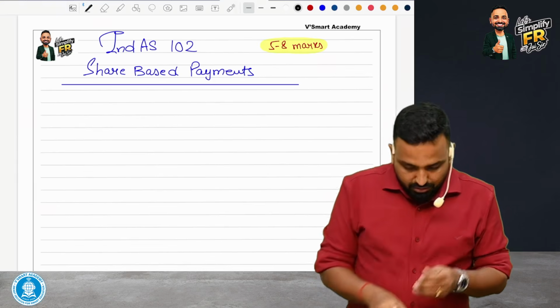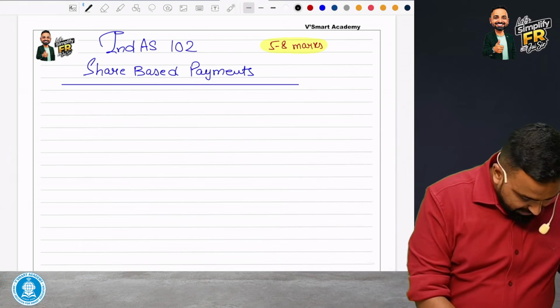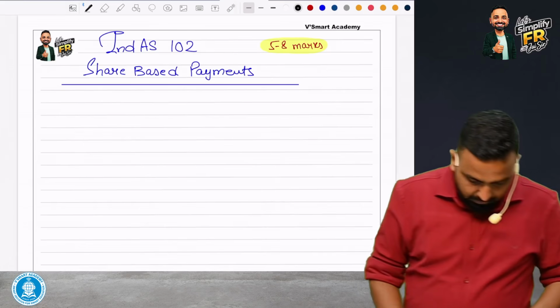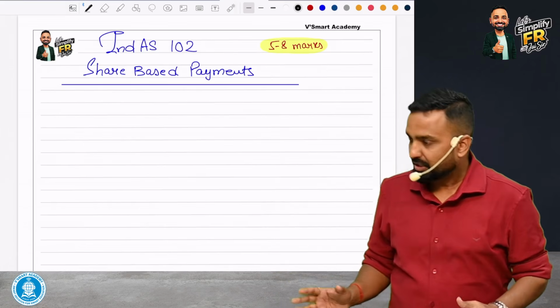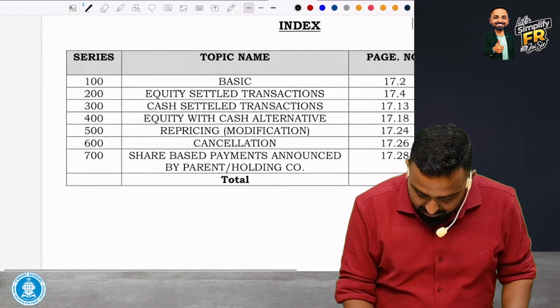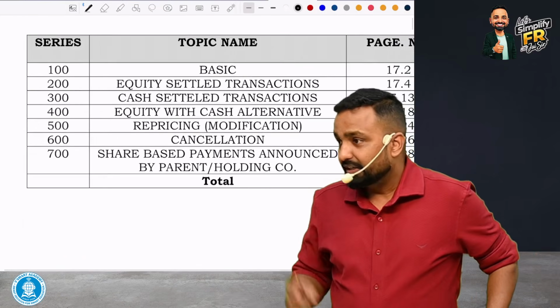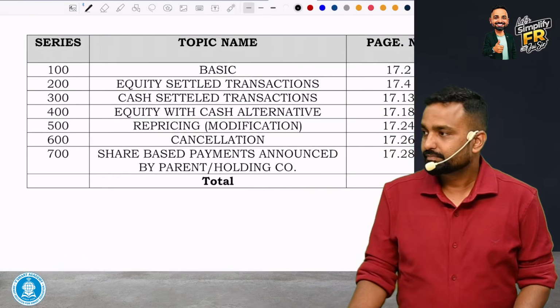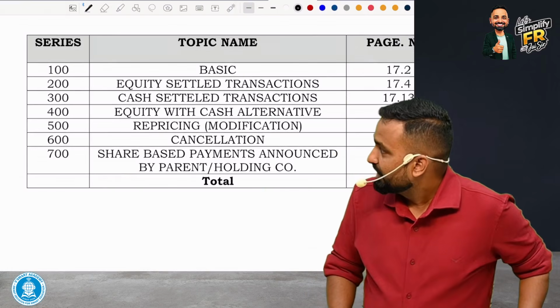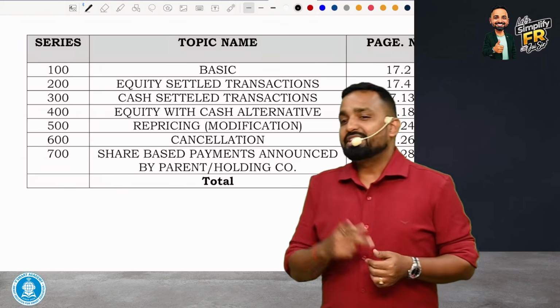Understood? Okay. So we now understood the scope of this chapter. And now, since you have understood the scope, you can definitely read the parts. Second is equity settled transaction, means ESOP.